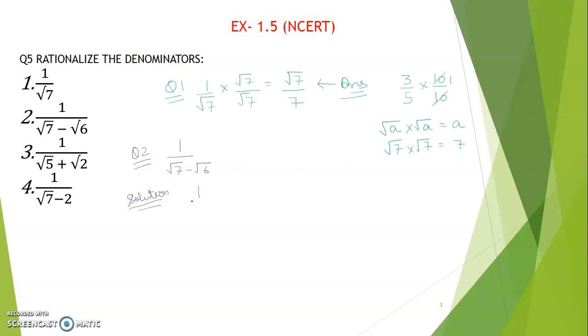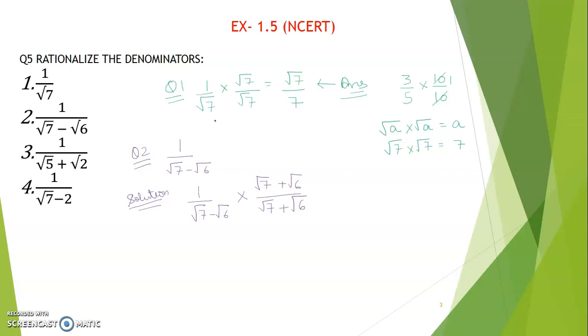So 1 upon root 7 minus root 6, multiply and divide by the denominator with sign change: root 7 plus root 6 upon root 7 plus root 6.